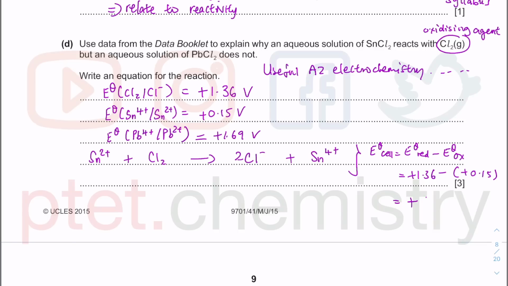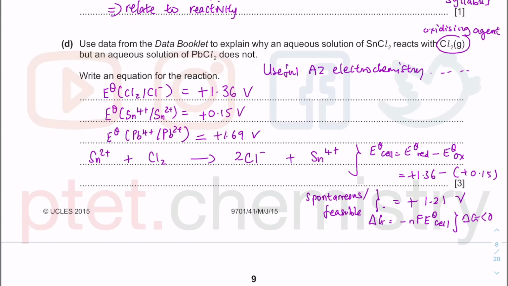Your calculator shows you 1.21, but you need to know electrochemistry must have sign, must have value, and must have unit. And you can relate this to the new syllabus. The new syllabus says delta G equals minus nFE cell. If the E cell is greater than 0, the delta G is going to be less than 0. So what we can say is it is spontaneous and also feasible, with reactions related to delta G there.